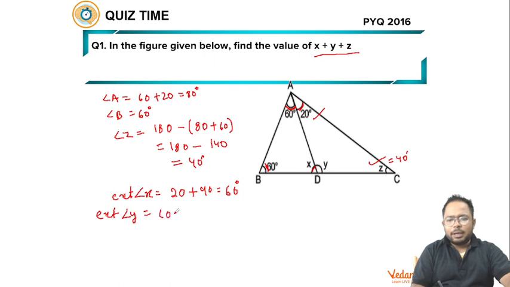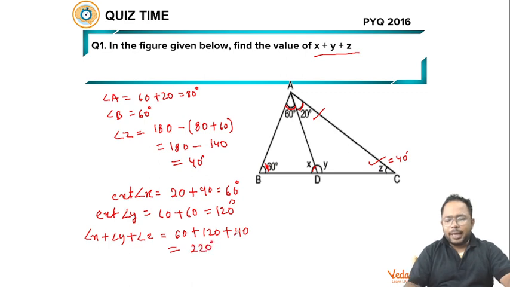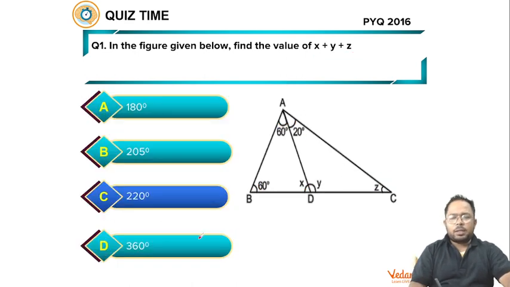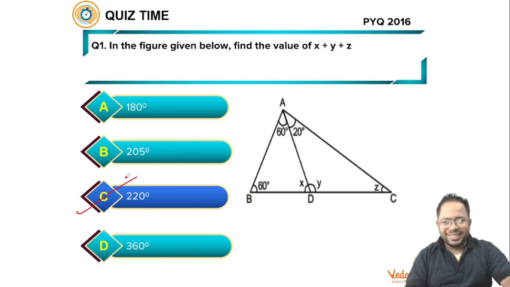That is 60 plus 60, that is 120. So as per the question, x plus y plus z is 60 plus 120 plus 40. So it gives us 120 plus 100, that is 220 degrees, and that's why our answer was 220.